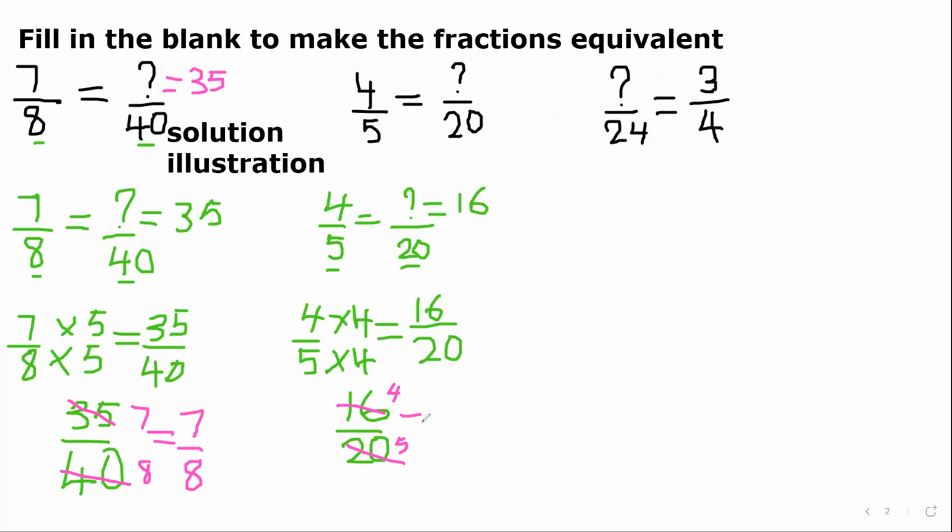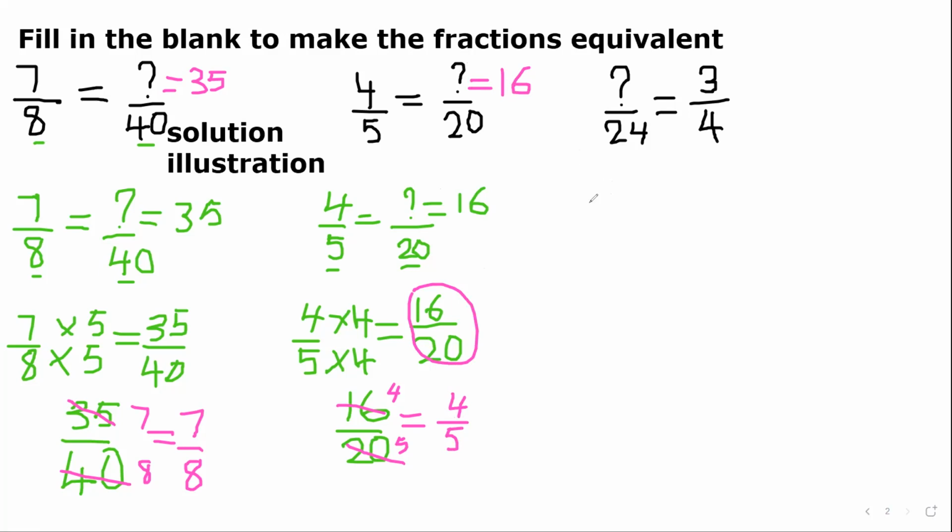Therefore, 16 over 20 can also be reduced to 4 out of 5. Okay, so which means that the question mark here is 16, because when you multiply, you get 16 out of 20. So here is 16. Okay, good.